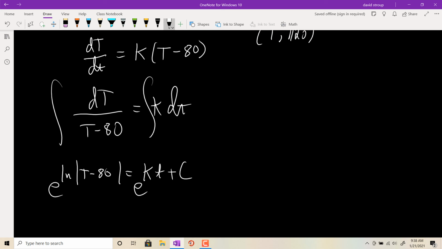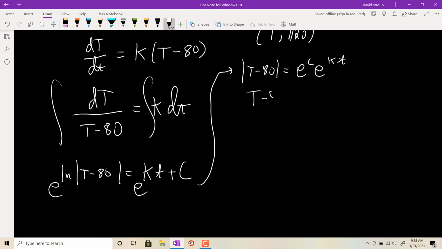Exponentiate both sides, and then you're ending up with absolute value of T minus 80 equals e to the c times e to the kt. Drop the absolute value signs, replace with a big constant. So you get C e to the kt, and then move the 80 to the other side. C e to the kt plus 80.